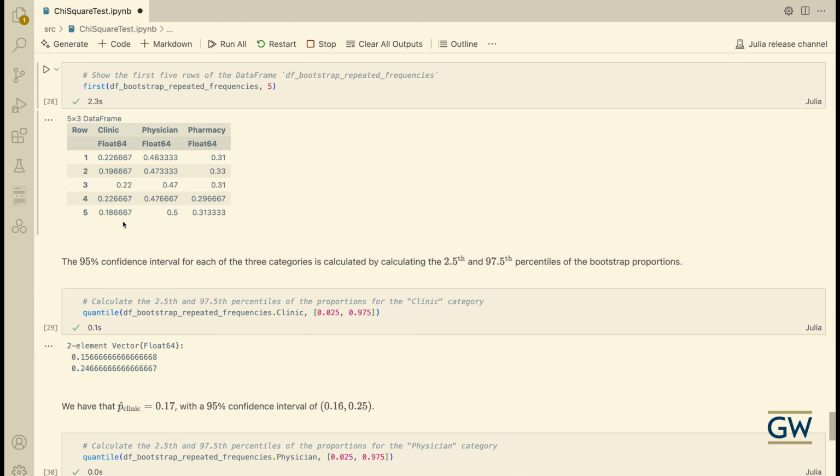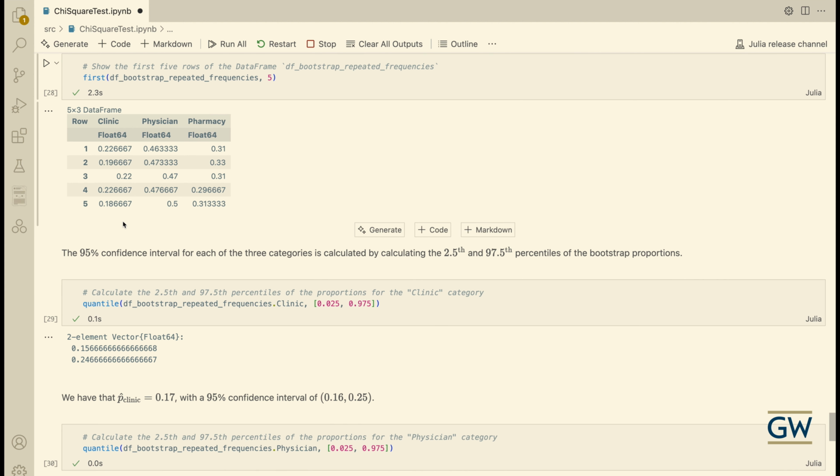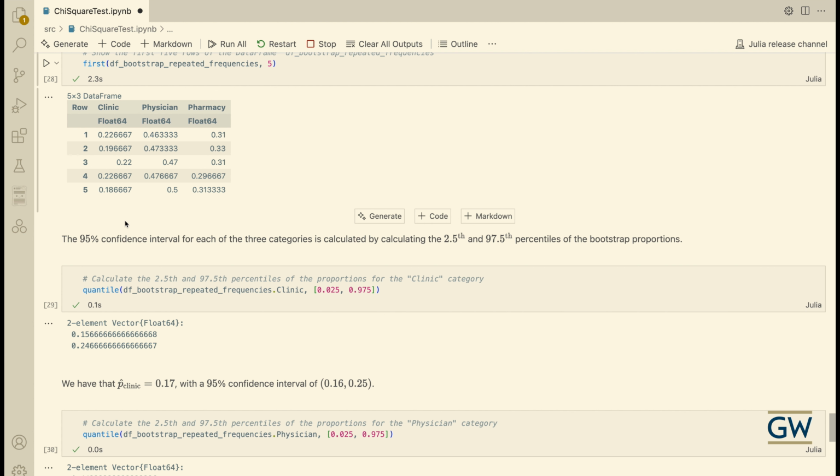Great stuff. So we've used the simulation and here the bootstrap method to think about the critical value, see where our statistic fell in amongst all those possible values that the test statistic could take under the null hypothesis, and then we use bootstrap resampling just to look at the confidence intervals for each one of those proportions.